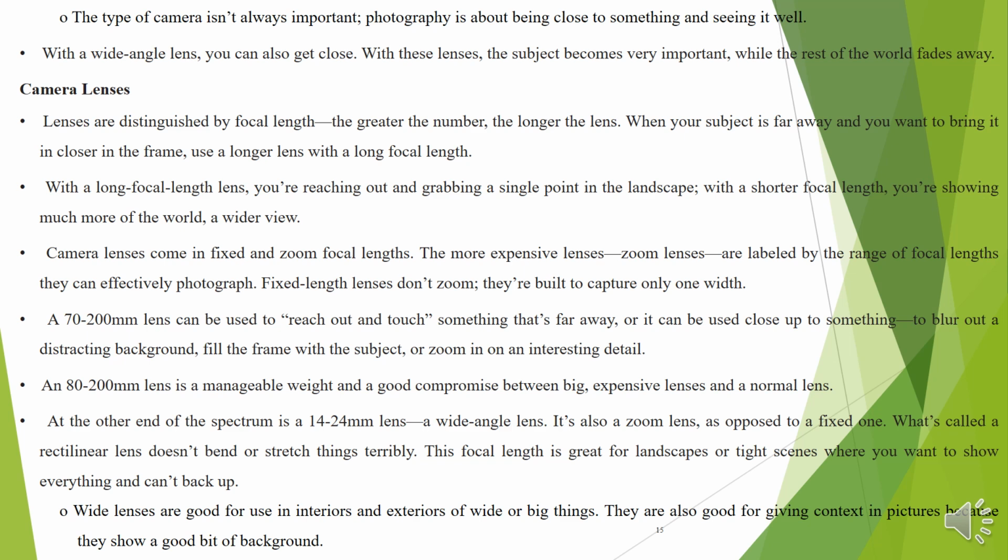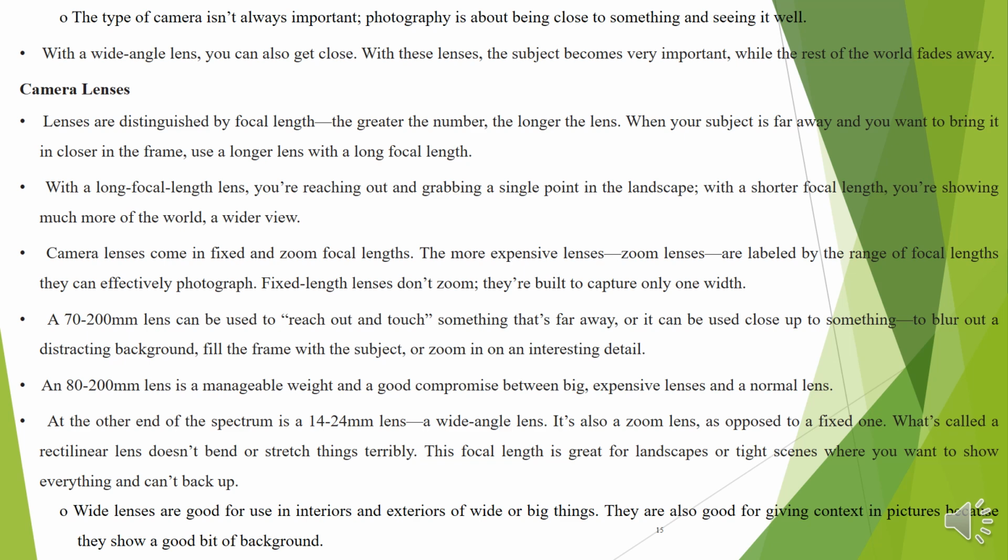Called a rectilinear lens, it does not bend or stretch things terribly. This focal length is great for landscapes or tight scenes where you want to show everything and can't back up. Wide lenses are good for use in interiors and exteriors of wide or big things.